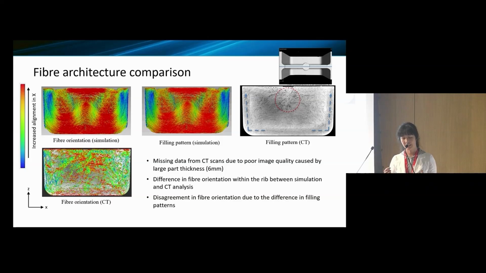So we think in reality the material flowed along the sidewalls first before it actually entered the ribs.